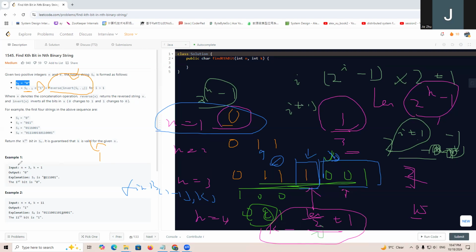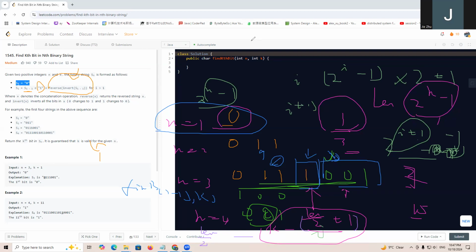And we need to do a reverse. Let's write the formula.